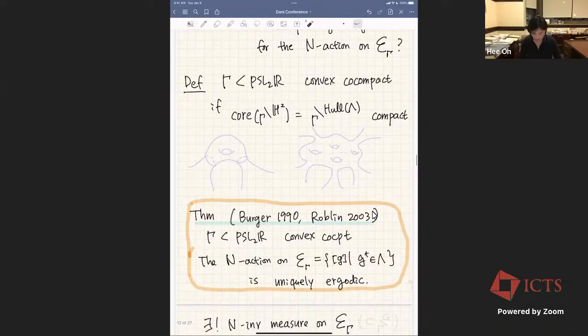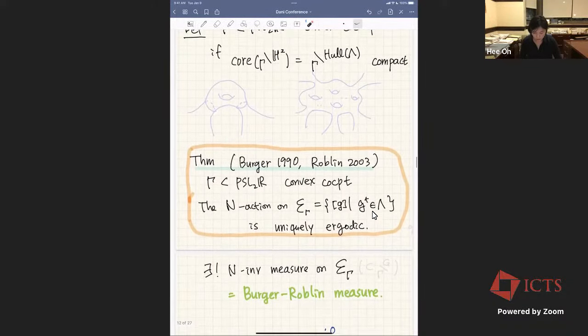Unique ergodicity means that there is a unique N-invariant measure on this E sub gamma, but when E sub gamma is not all of G mod gamma, it cannot be a G-invariant measure. This unique measure is what is called the Burger-Roblin measure.